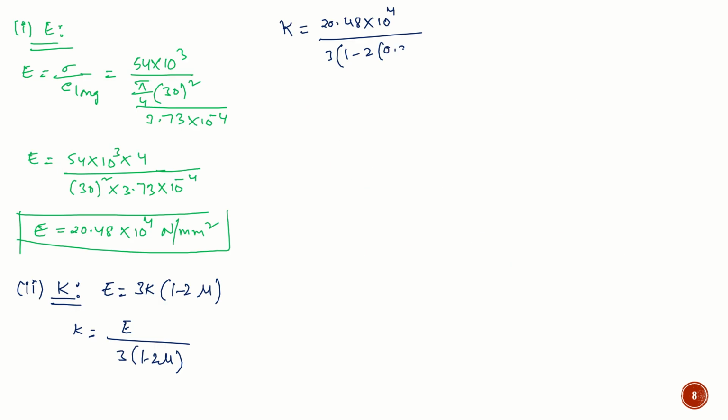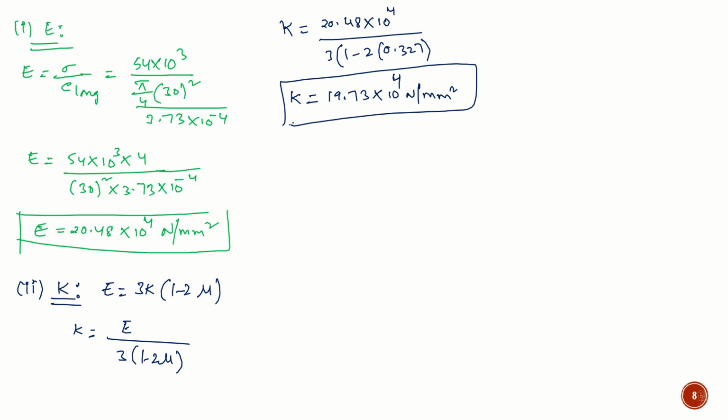So if you put it, you will get the K value approximately 19.73 into 10 power 4 Newton per mm square. So this is how you get the value for bulk modulus.